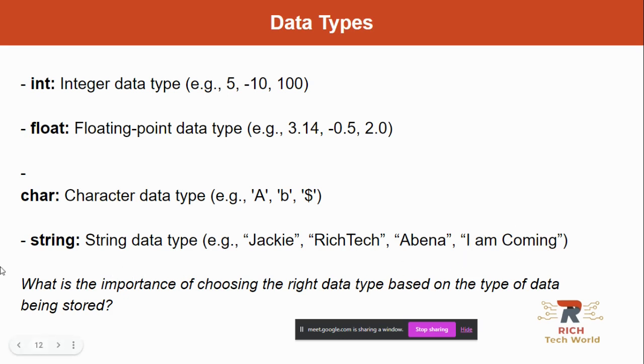All right. So what is the importance of choosing the right data type, or the right variable, for storing data? This question is very, very important. Now in programming, you are trying to conserve space.